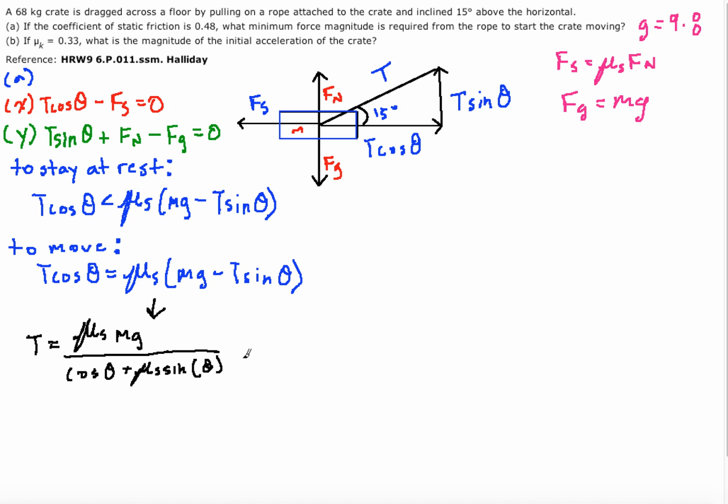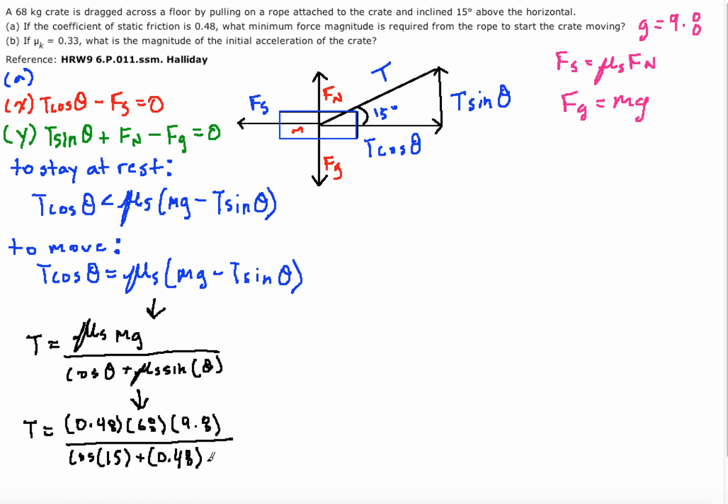And then what this yields is T is equal to 0.48 times the mass 68 times gravity 9.8 divided by the cosine of 15 plus 0.48 times the sine of 15.